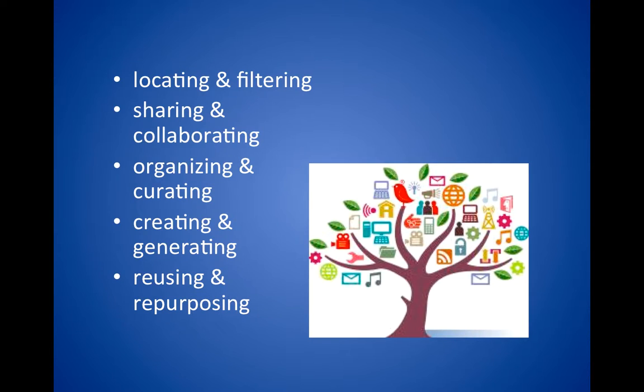He's promoting a view of digital literacies that looks at these different areas, these 5 areas, and he's combined the verbs of digital literacy. So finding information, sharing it with other people, organizing it, creating things from that information, including reusing or repurposing information that we find.